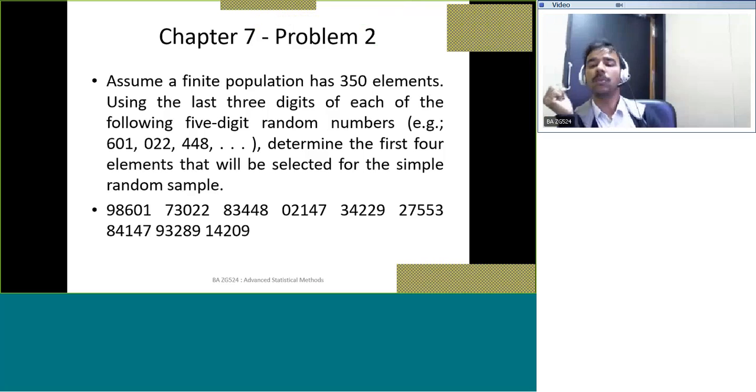Generally, we will order them from 000 to 349. Yeah, you are right. Because 147 appears 2 times, you have to discard. That's why we'll go to the next number, 289. Is it correct?